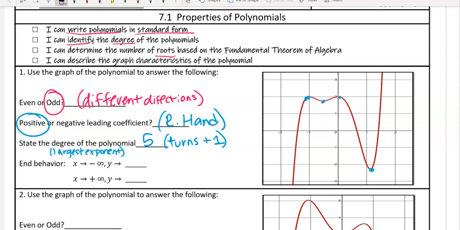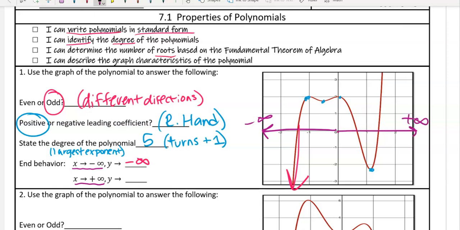All right, now our end behavior. As the x values approach negative infinity, what is our graph doing? Our graph is going down towards negative infinity. Next one says, as x approaches positive infinity, what is our graph doing?